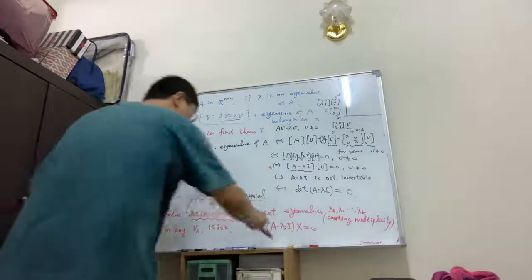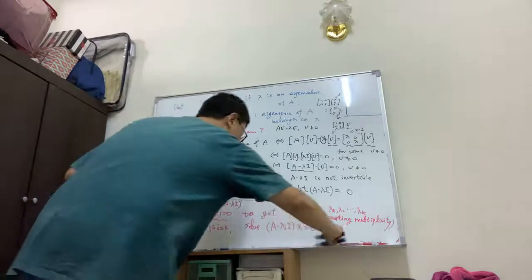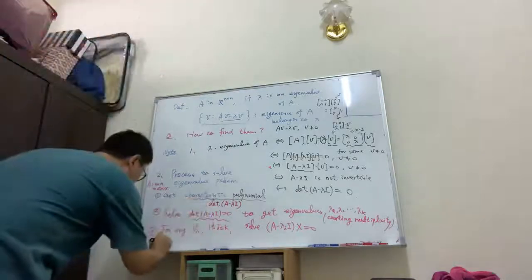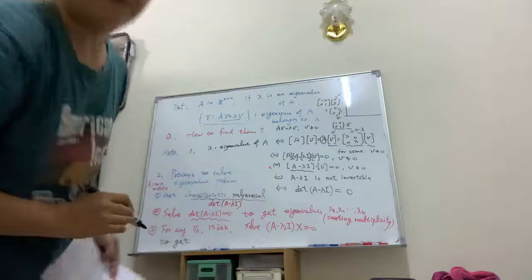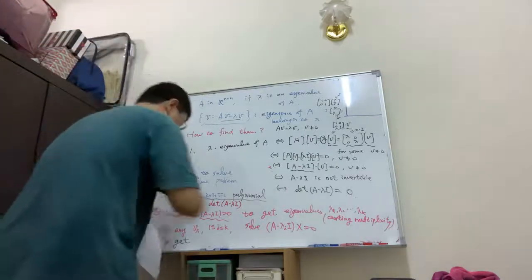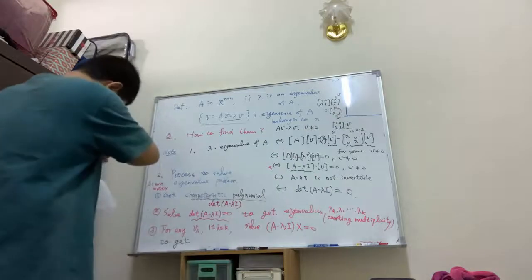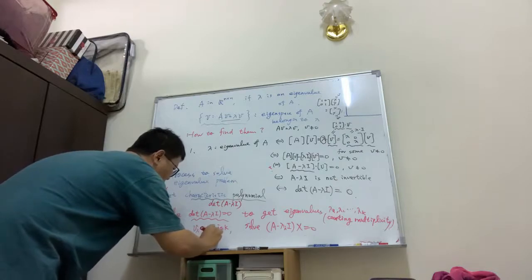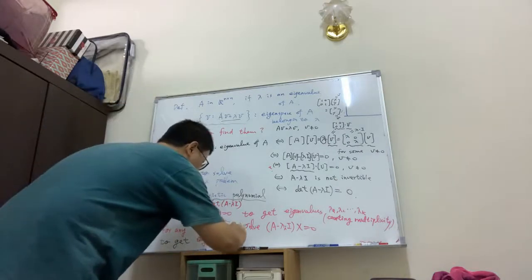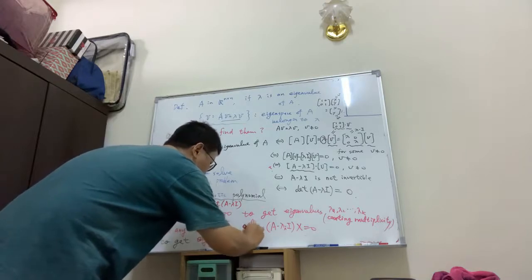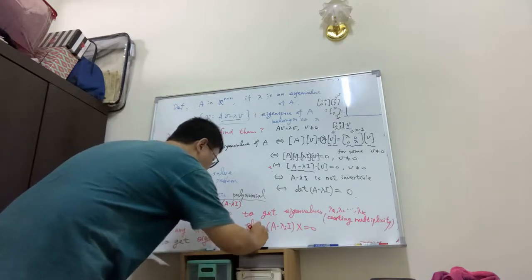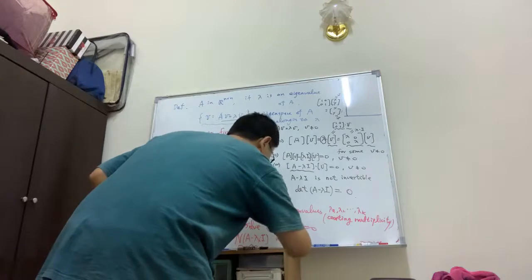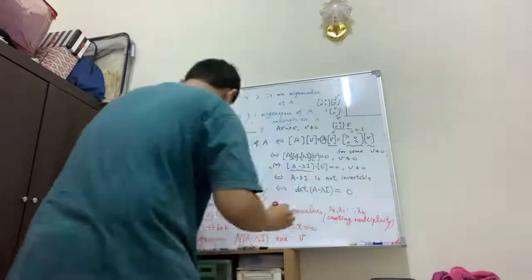We solve this equation to get the eigenspace. To get the eigenspace, find the null space of A subtract lambda I, and v is in its null space.